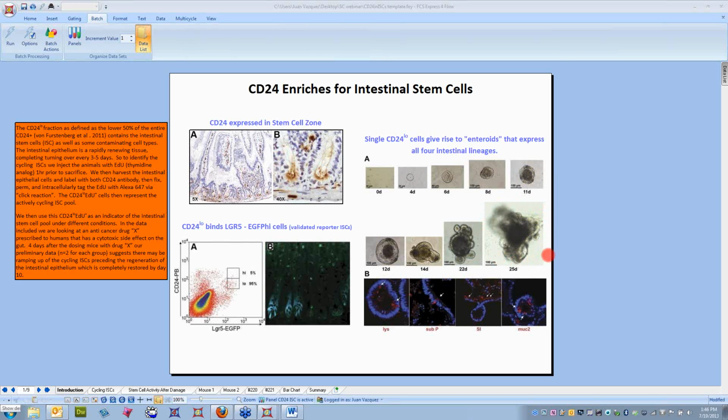We then section these and stain them for lysozyme, which is a marker of Paneth cells, substance P, which is a marker of enteroendocrine cells, sucrase isomaltase, which stains enterocytes, and MUC2, which labels goblet cells. So we've now shown that these cells can replicate themselves and the 4 lineages, which is a definition of a stem cell.